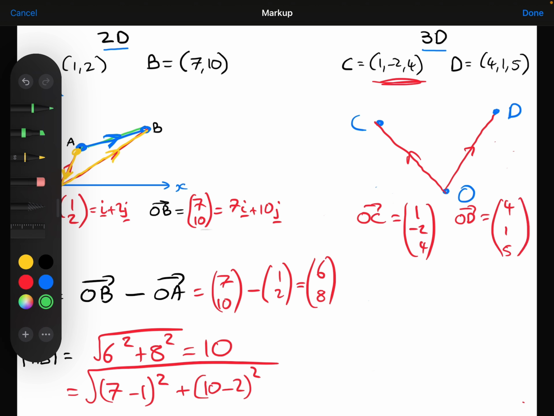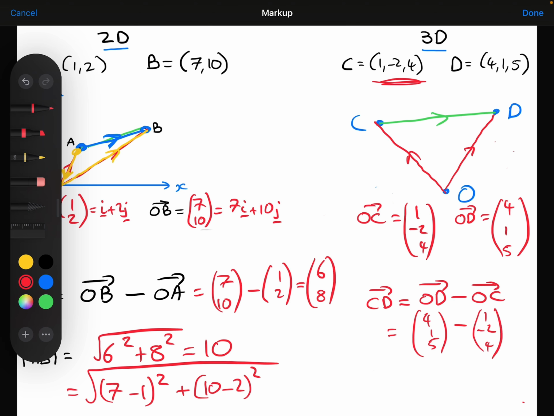If I now want to work out the vector CD, just like I did in 2 dimensions, CD is going to be equal to OD minus OC, the position vector of D minus C. Which would be 4, 1, 5 minus 1, minus 2, 4, which would give 3, 3, 1.